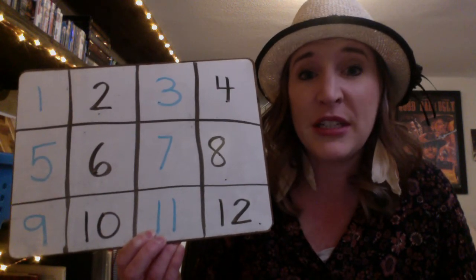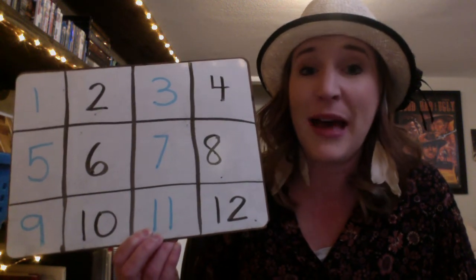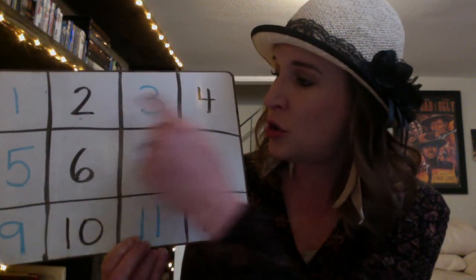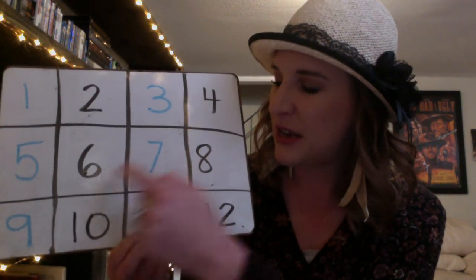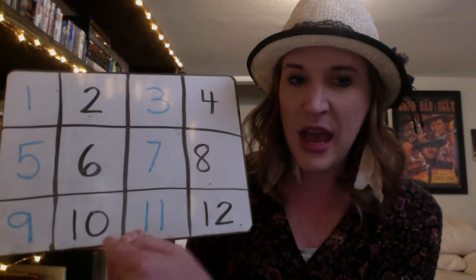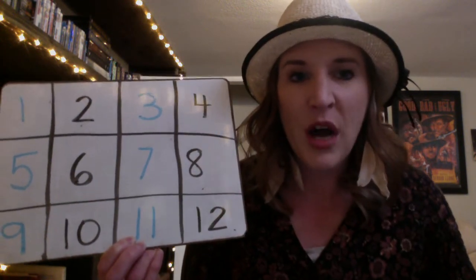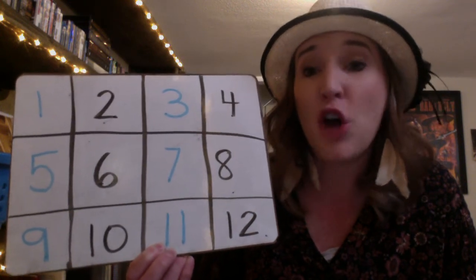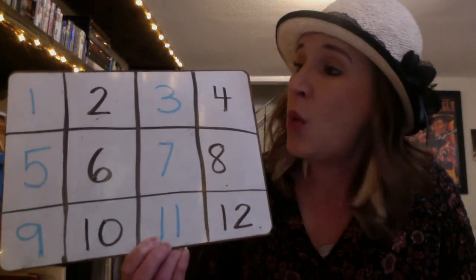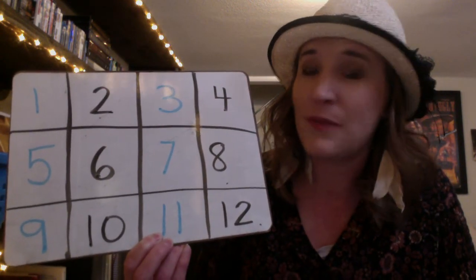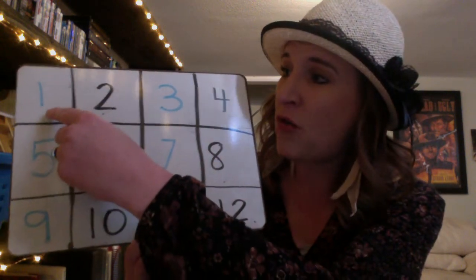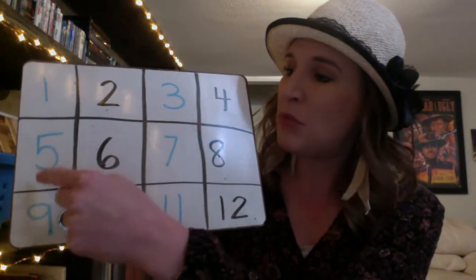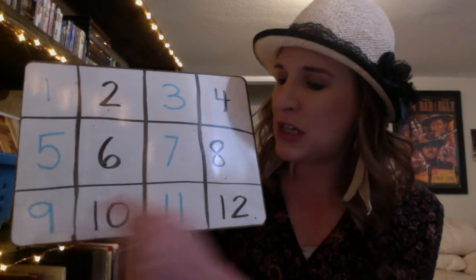All of the numbers written in black are numbers that we use when we're counting by twos. Look at this: 2, 4, 6, 8, 10, 12. Awesome. So now I'm going to give you a visual of how we're really just hopping over one number whenever we're counting by twos. The numbers that we hop over, I wrote in blue.